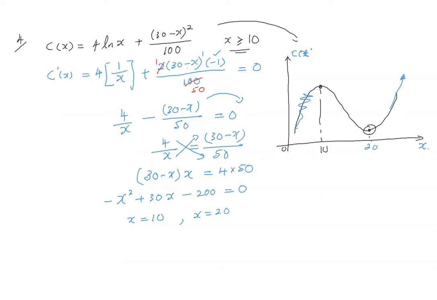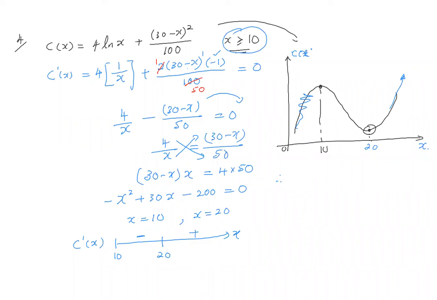So now you draw the sign diagram. Since the question says X must be greater than or equal to 10, I start from 10 onward, and I put the 20 here. The question asks for minimum cost, so this is a minus, this is a plus. So therefore, I conclude. What is the question?